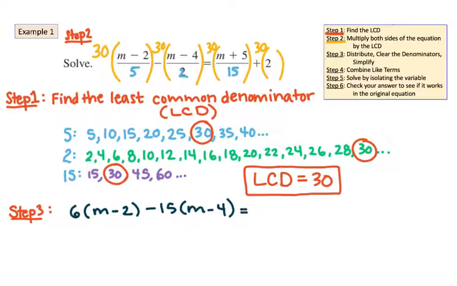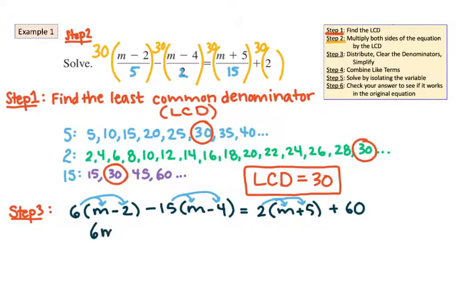And then on the other side of the equation, 30 divided by 15 is 2 times (m plus 5). And then the last term, there's nothing on the bottom. There's no denominator, so it's just 30 times 2 is 60. So now we can just distribute, combine like terms, and solve.